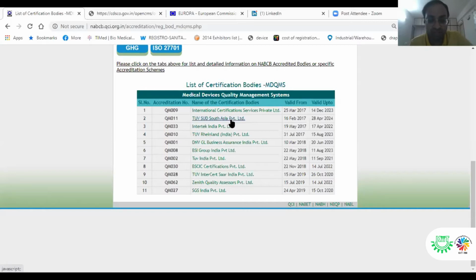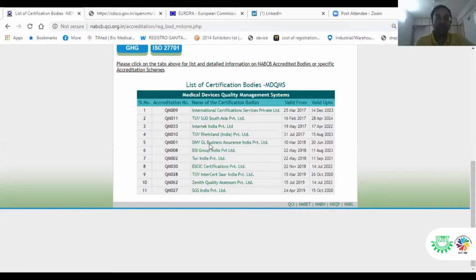TUV Sud is 1, TUV Rheinland, DNV GL is 3rd, BSI Group India Limited is 4th, and SGS India is 5th. So you can say that in India, only 5 notified bodies are currently present who can do the audit for both the requirements of the 5th Schedule and EN ISO 13485.